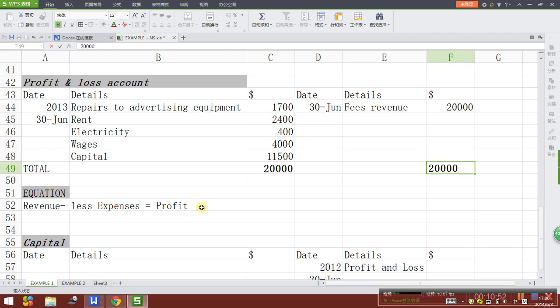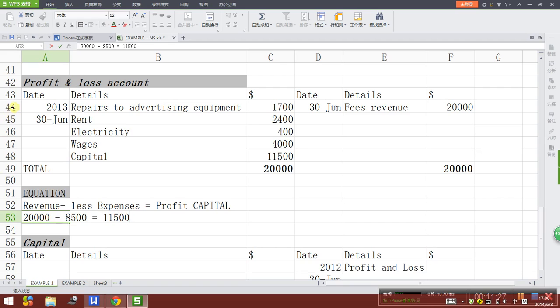It's also the capital. It's the same. So I use the minus the total expenses equal to the 315,000, which is the net profit of the capital.